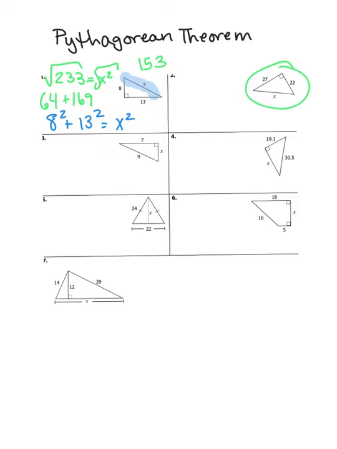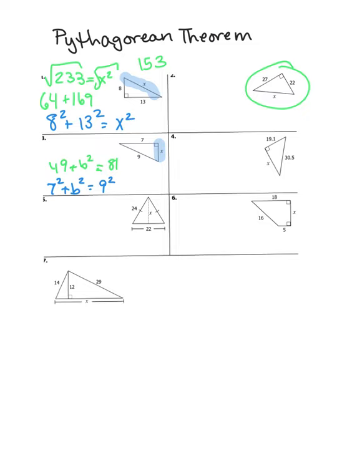For the next one, my missing side is a leg. So it doesn't matter if it's A or B. I'm just going to make it B because I like it that way. So 7 squared plus B squared is equal to 9 squared. I still have to pay attention to which one is the actual hypotenuse. So 7 squared is 49 plus B squared is equal to 9 squared, which is 81.